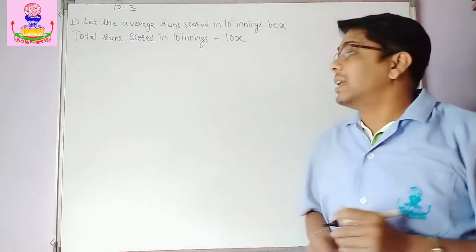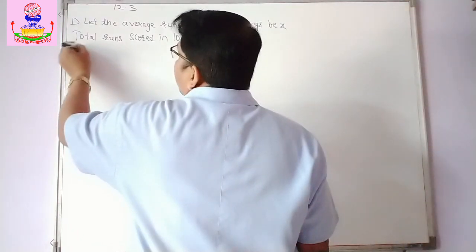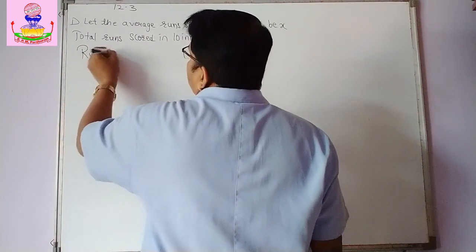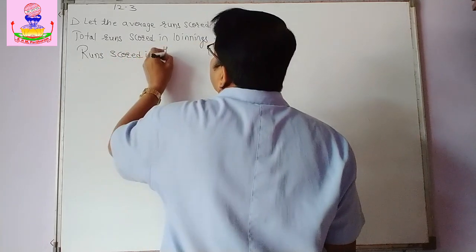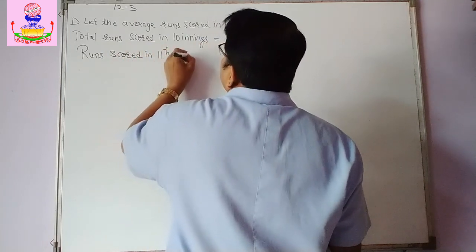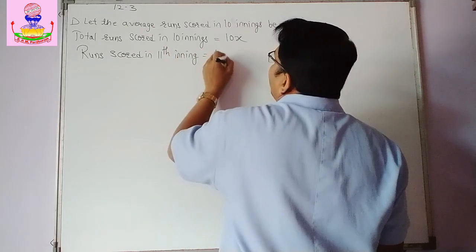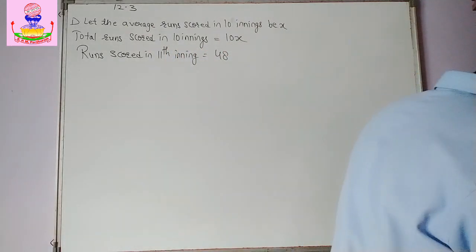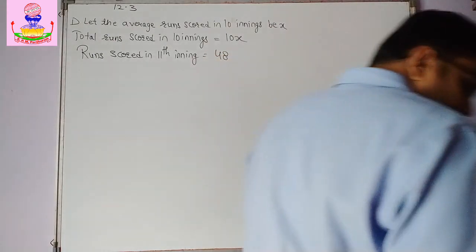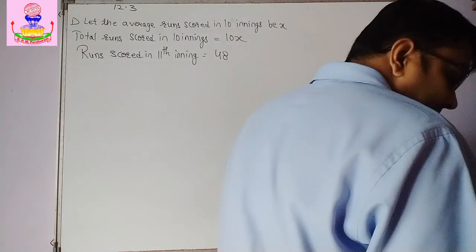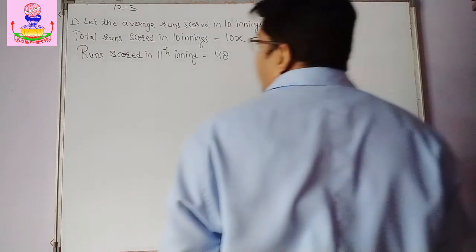Now they have given that the runs scored in the 11th inning is 48. He has scored 48 runs in the 11th inning, and thereby his average runs came down by 2.